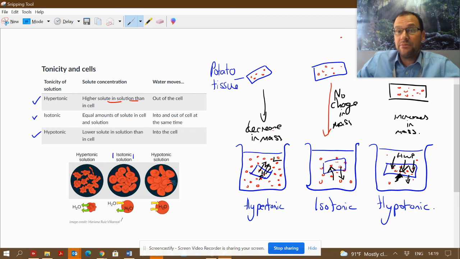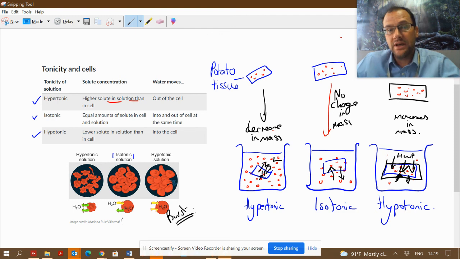Alongside that increase in mass, if we are an animal cell, we do not have a cell wall surrounding it, so our cells are more likely to burst. We can do huge damage to animal cells if you're transplanting them across town, across cities, and put them in a hypotonic solution. Damage will occur. They will start to burst eventually because the cell membrane is not structurally capable of preventing that from happening.